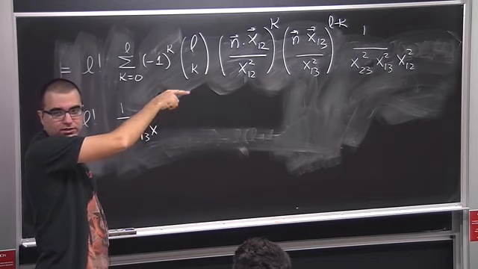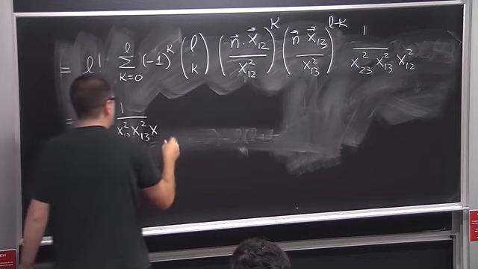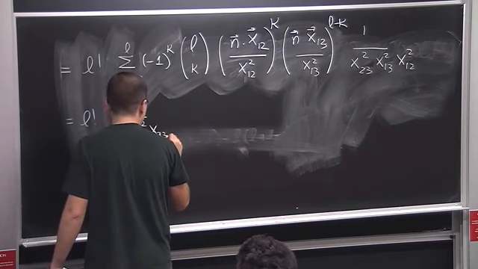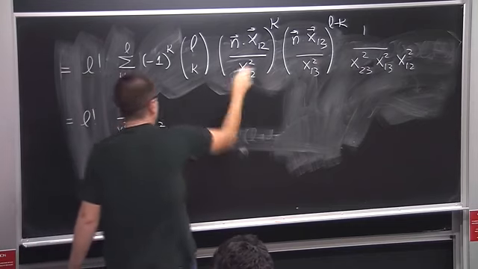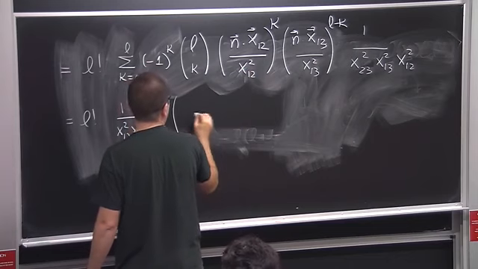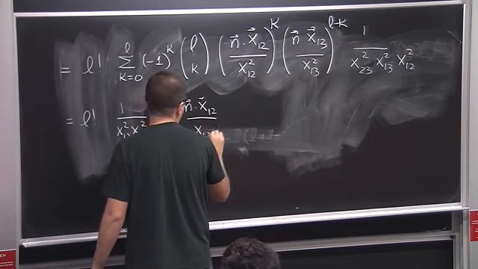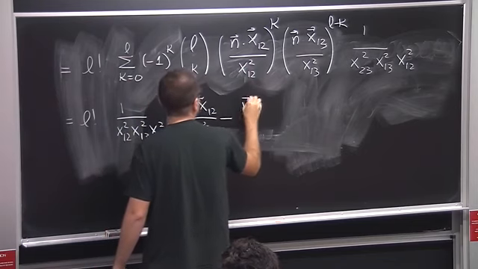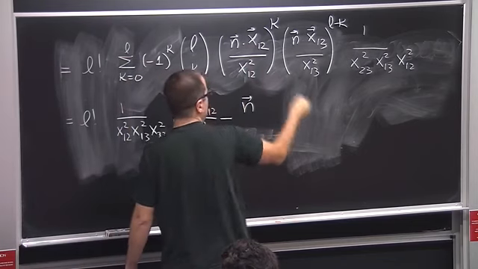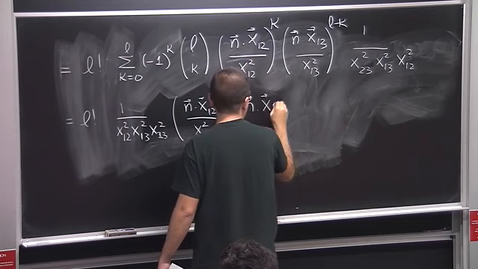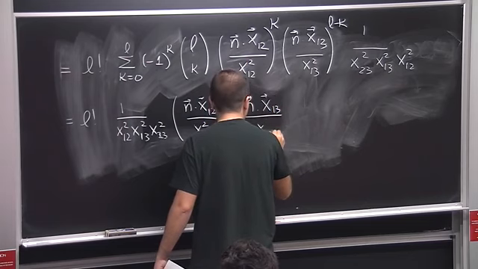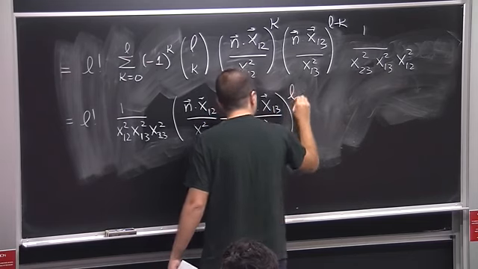When you take 0 derivatives, you better do nothing. So it should be there: 1 over x23 squared. And then, as you all said, you get just the binomial. So you get n dot x12 over x12 squared minus, because there is minus 1 to the k that you can put inside one of them, n dot x13 over x13 squared, everything to the power L.